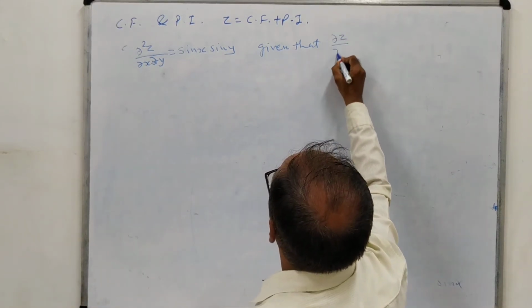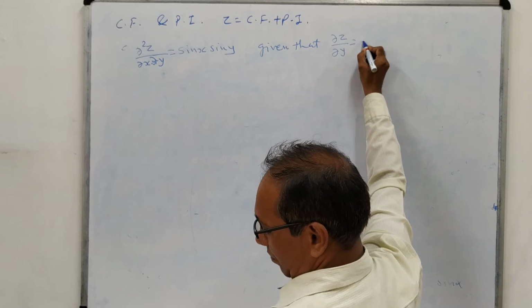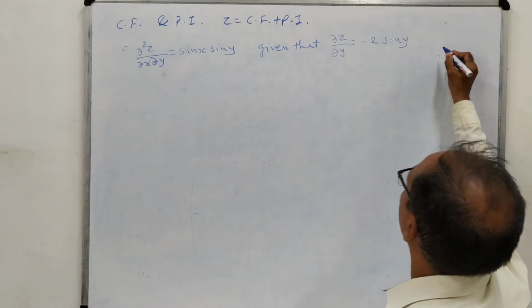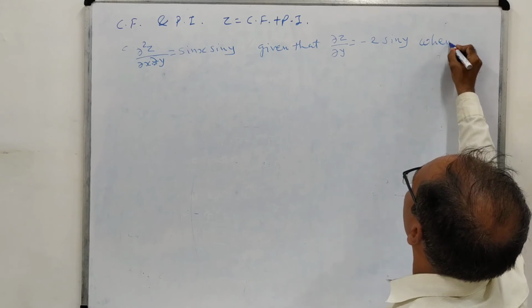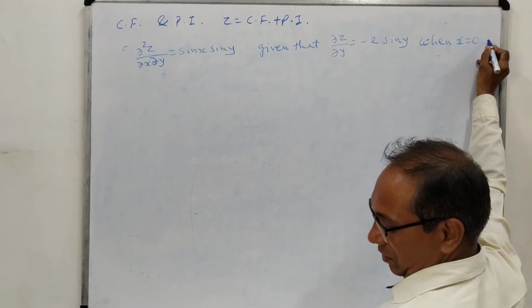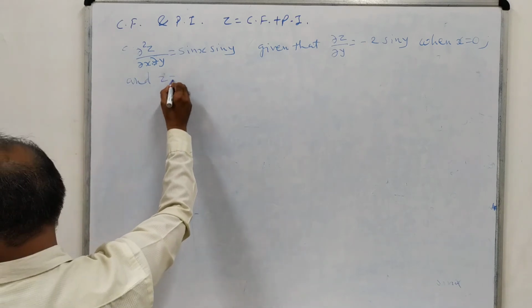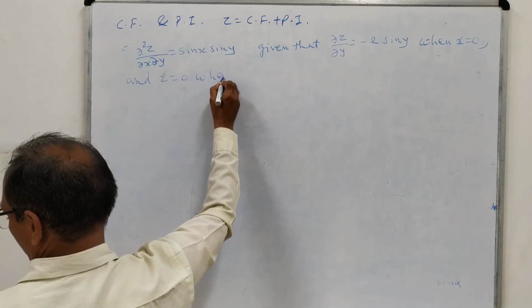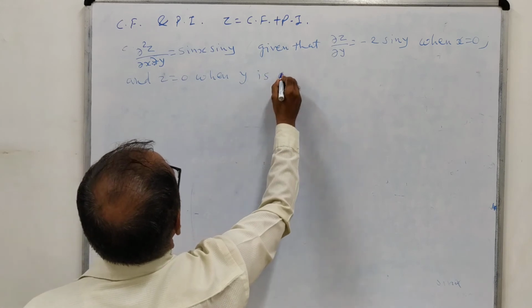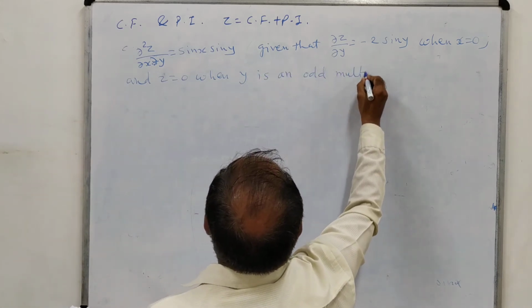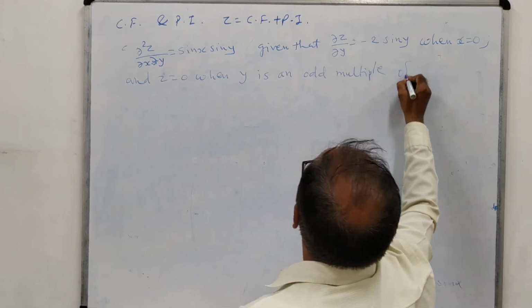This is also simple. By looking at the example it looks hard, but nothing is difficult there. When x equal to 0, z equal to 0, when y is an odd multiple of pi by 2.